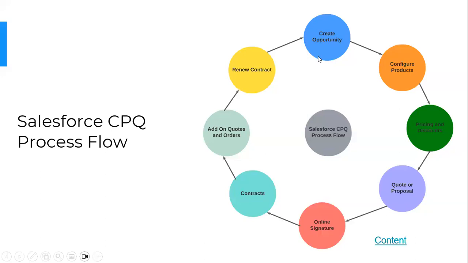The triggering point, or the transfer point from Sales Cloud to CPQ, is the creation of an opportunity. As we all know, the sales process starts with the creation of an opportunity, and the same thing goes with Salesforce CPQ as well.